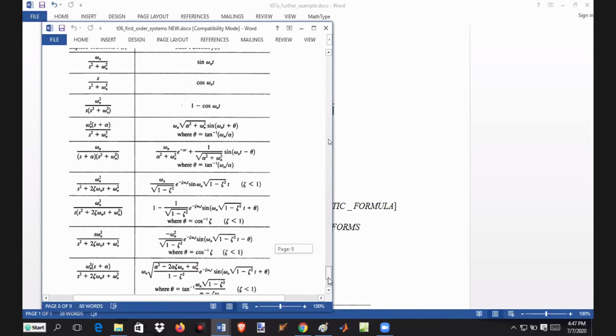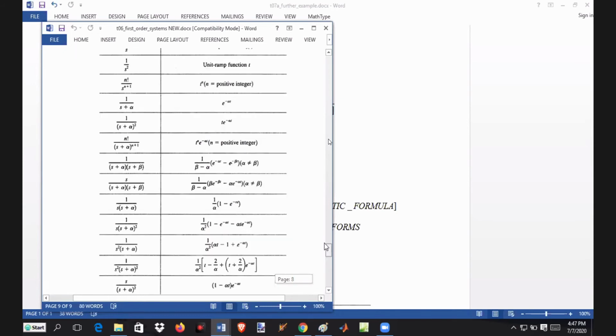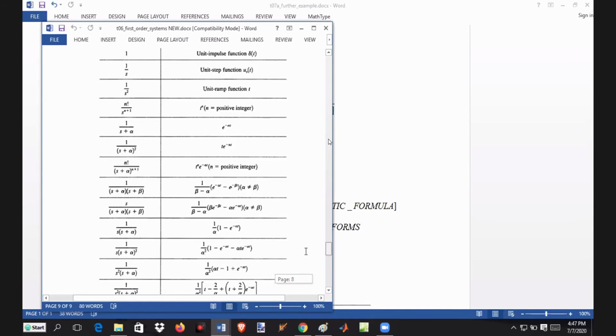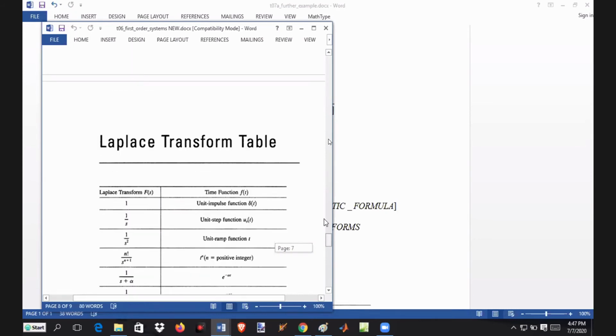You will get s cubed and s to the power of 4 like that, but this is too difficult. So make sure that after you simplify, the final equation is s squared. It cannot be s to the power of 4 or s to the power of 3. No way you can solve it.